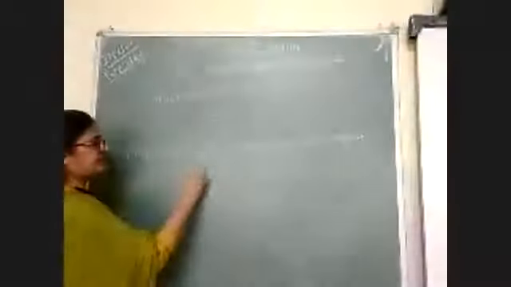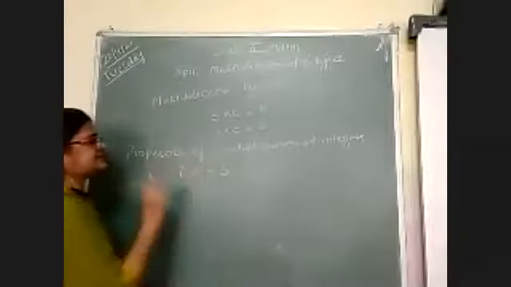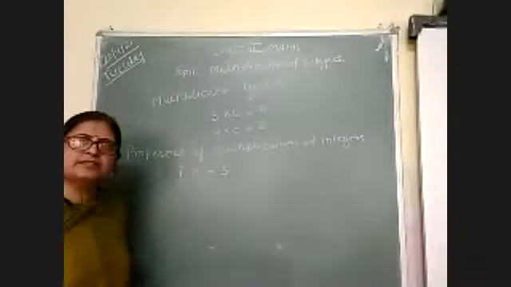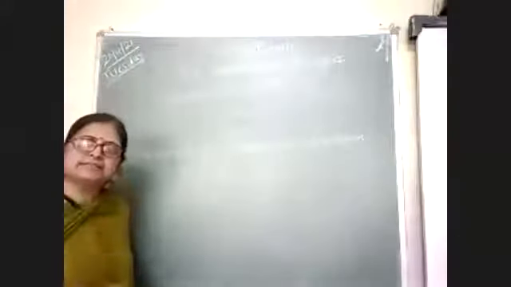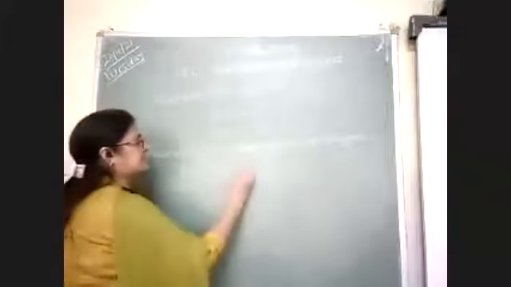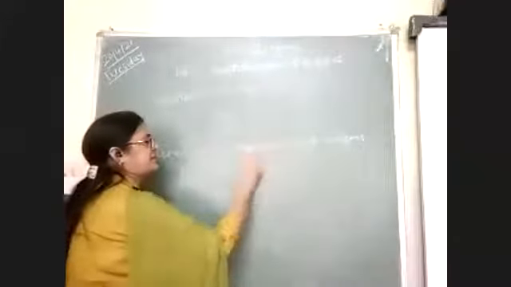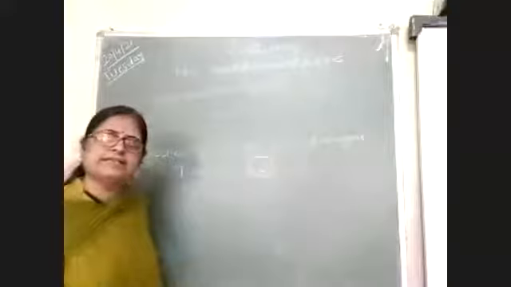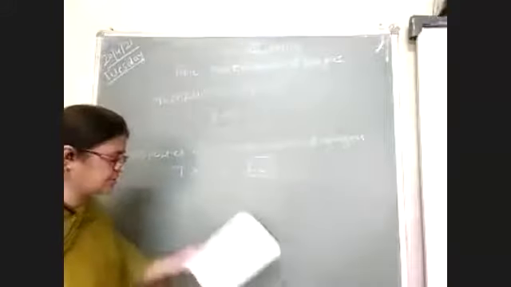For example, 7 multiplied by -3. 7 is a positive integer and -3 is a negative integer. The result is -21, which is also an integer.